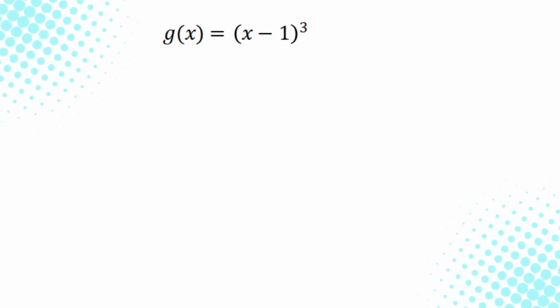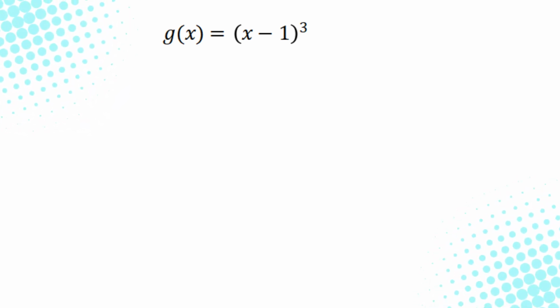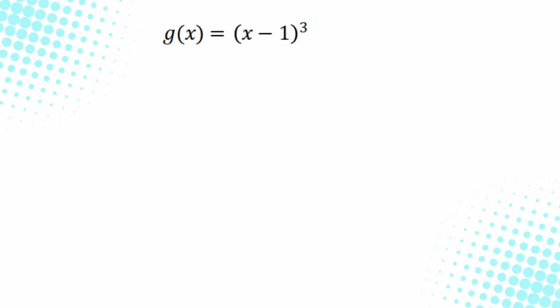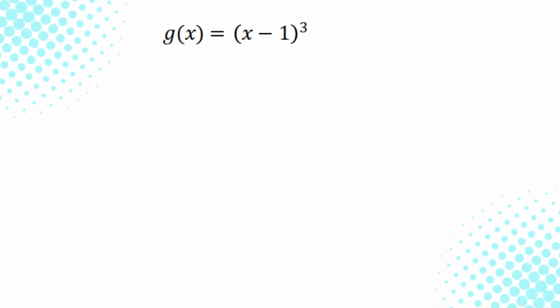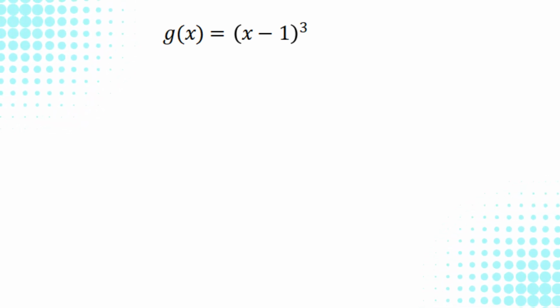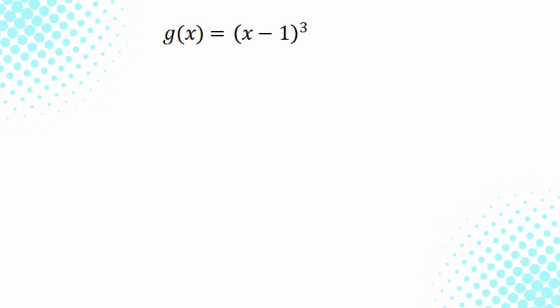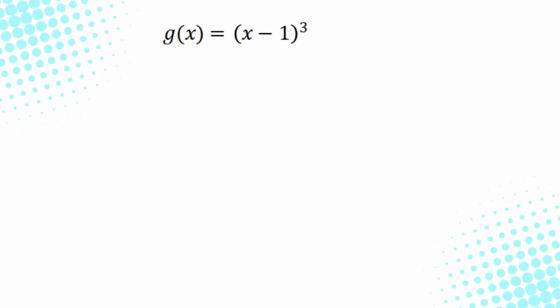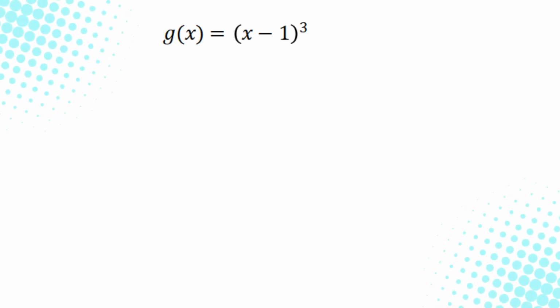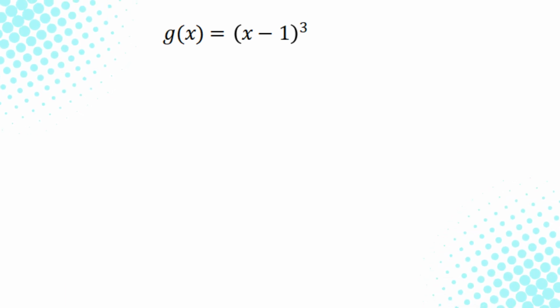To determine the points of inflection and the concavity of the function g of x equals the quantity of x minus 1 cubed, we need to follow the steps. First, we are going to find the first and second derivatives.